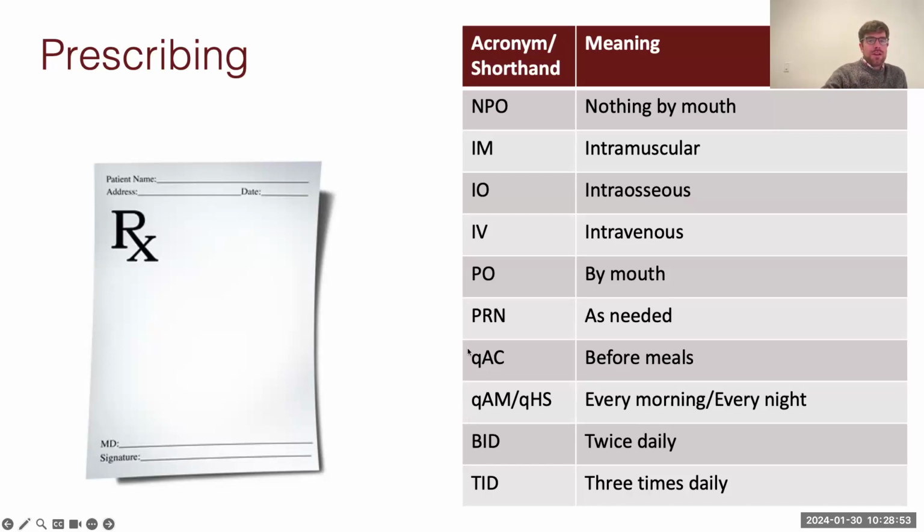So many of you probably know this PRN, which is short for pro re nata, which just means as needed. IV is intravenous, IM is intramuscular. And then you can also say how often someone is supposed to take something, which is before meals, every morning or every night, twice daily, 3 times daily, things like that.